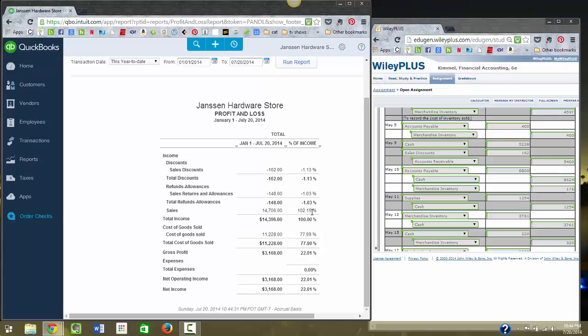Sales is actually more because there are some deductions. And we have gross profit here is 22.01% of your total income. So a lot of people want to see that number. I wish there were more accounting specific ratios available in QuickBooks, but that's just not what they're about. You can get to them, but it takes some doing and you have to do some manual calculations yourself.